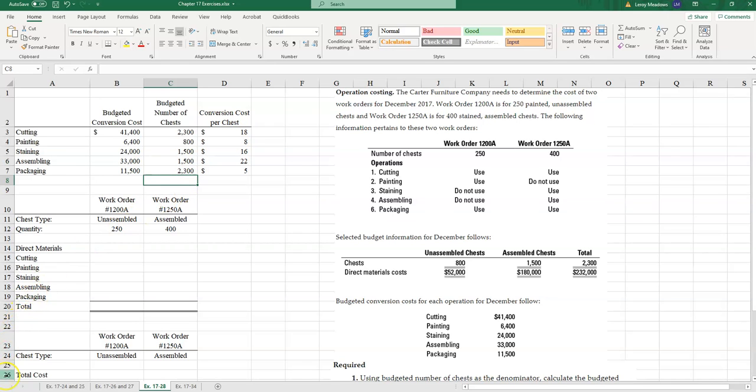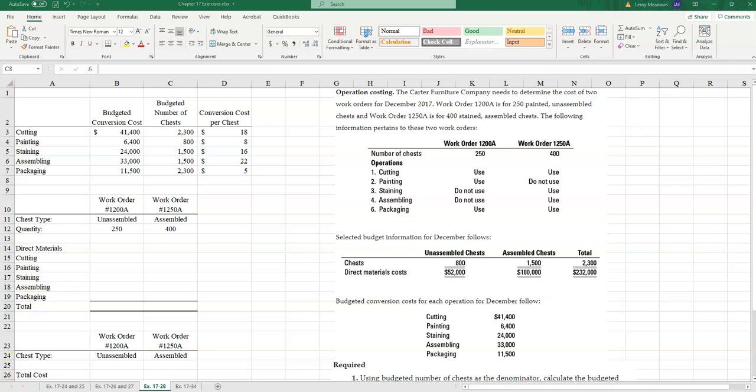So now let's go ahead and figure out the cost of work order 1200A and work order 1250A. And we're going to figure out the total cost associated with those work orders from direct materials and then the conversion costs associated with cutting, painting, staining, assembling, and packaging.